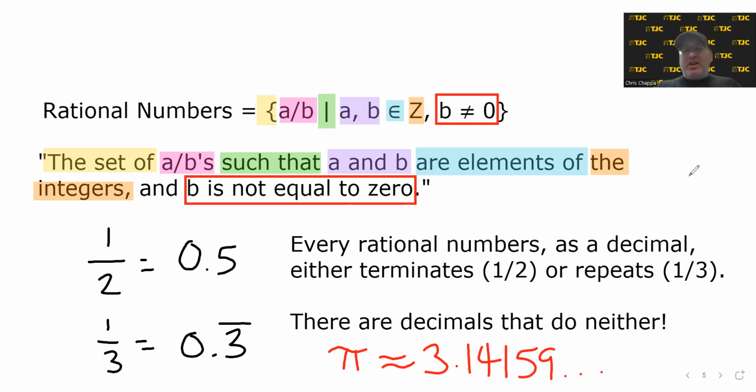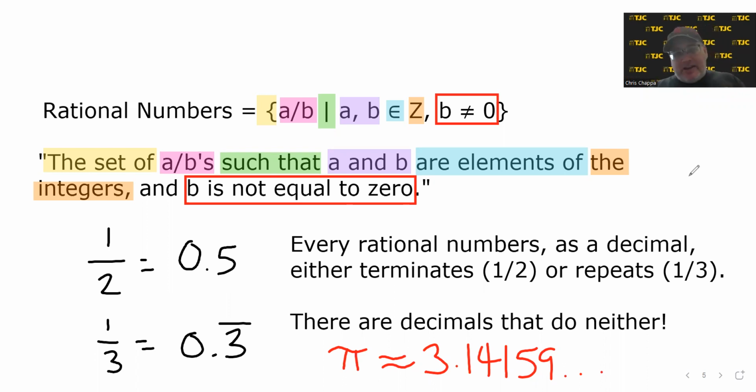So if you think of the rational numbers as the clean decimals, the well-behaved decimals, decimals that either stop or repeat, then we're missing all the decimals that don't behave well, the decimals that go forever and never repeat. They're just a random collection of values.